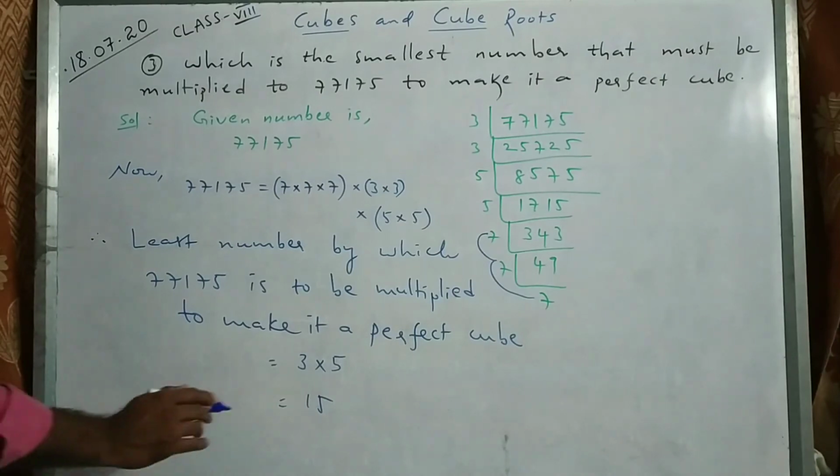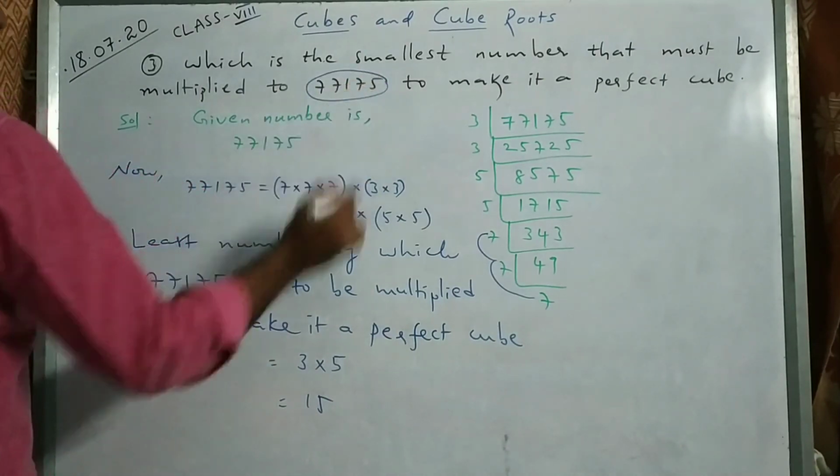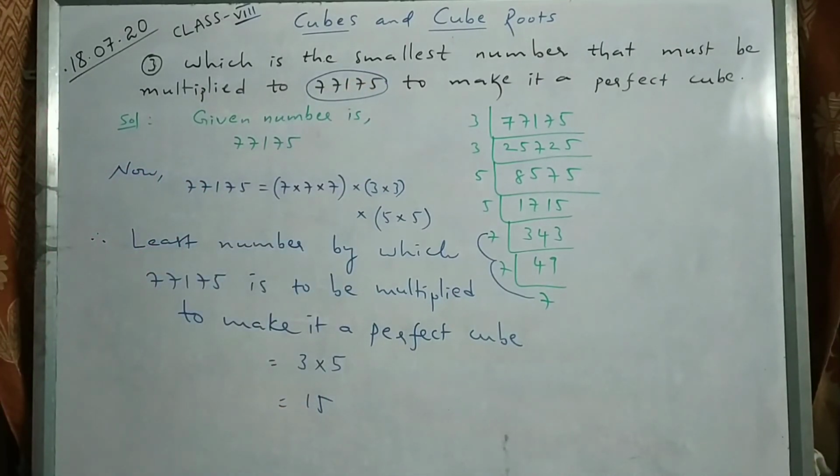So if I multiply the given number with 15, then automatically it will be a perfect cube.